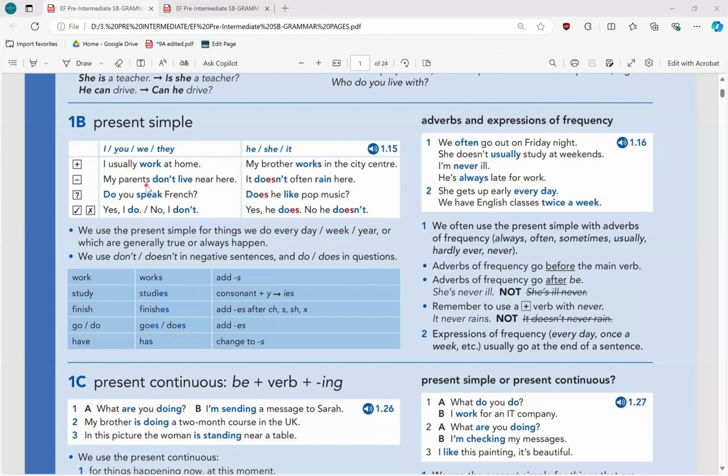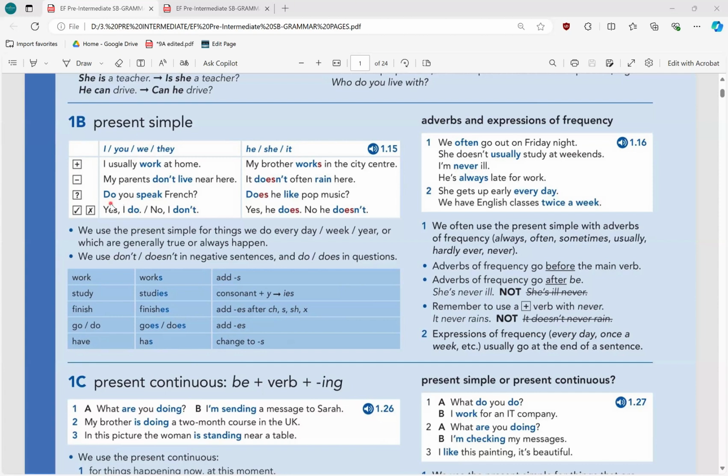My parents, which means they, plural form. If I want to make it positive: my parents live near here. My parents don't live near here. And if I want to make a question in present simple, I'm going to use the auxiliary verb do. Obviously we learned this in level 2 elementary, so we're just revising it here.